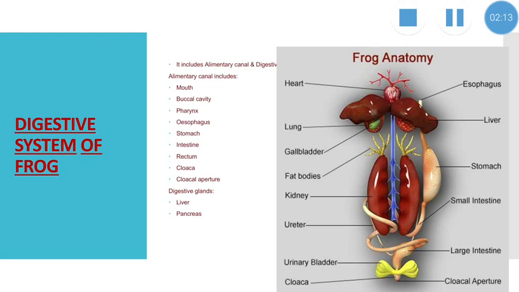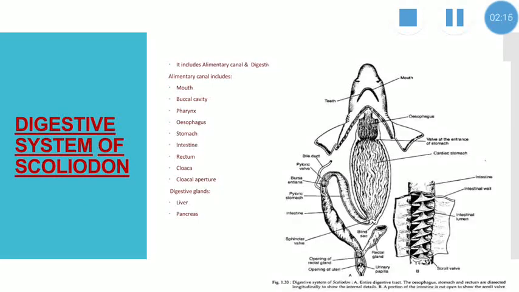Now the mouth of Scoliodon. Here the mouth is ventral in position and crescent shaped, situated a little behind the snout.